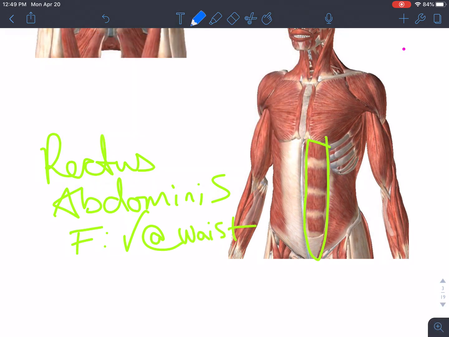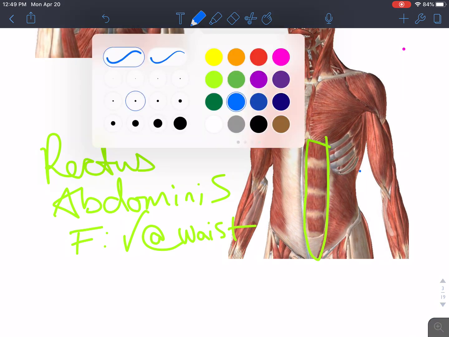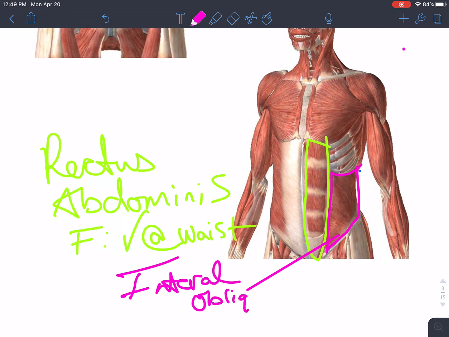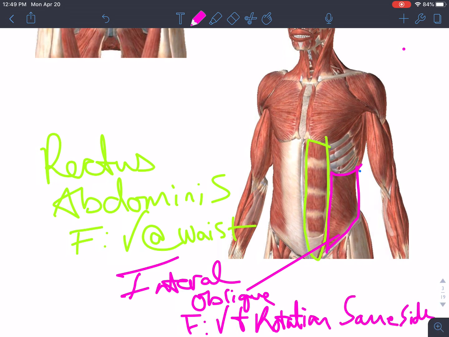And then the last one we're going to learn, it's not your external oblique, but it's your internal oblique. So that one is internal, and this one does flexion and rotation, but to the same side of the waist.